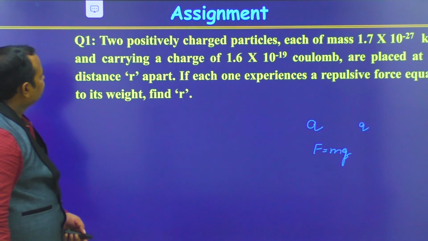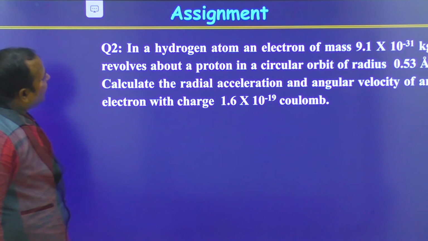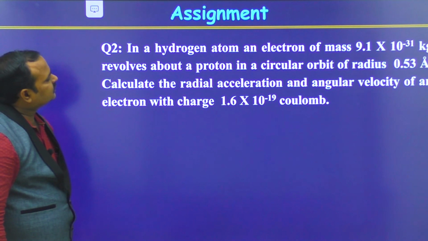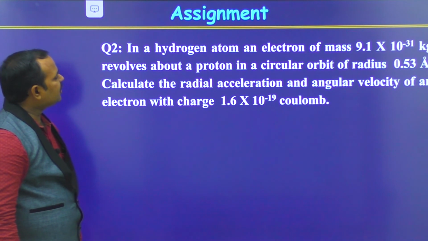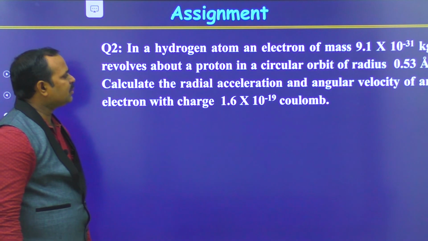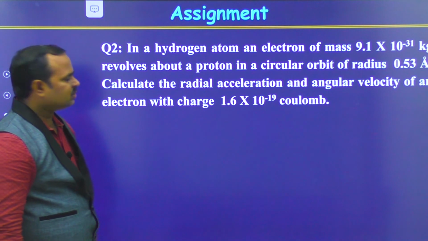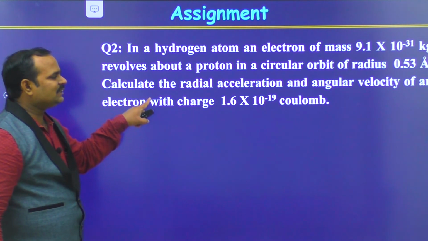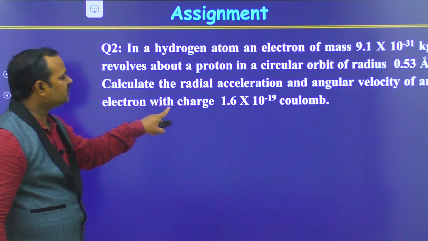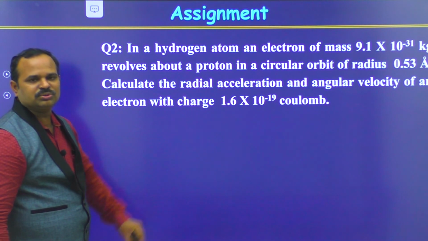Very simple. Next assignment is, in a hydrogen atom, an electron of mass 9.1 × 10^-31 kg revolves about a proton in a circular orbit of radius 0.53 angstrom units. Calculate the radial acceleration and angular velocity of the electron with a charge 1.6 × 10^-19 coulombs.